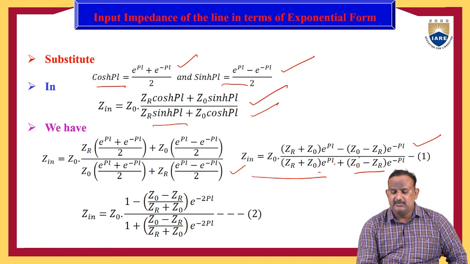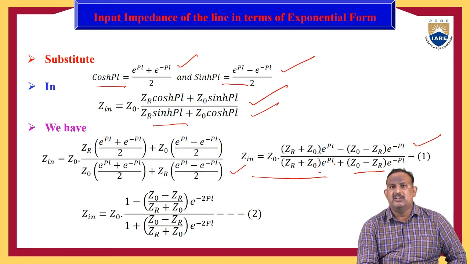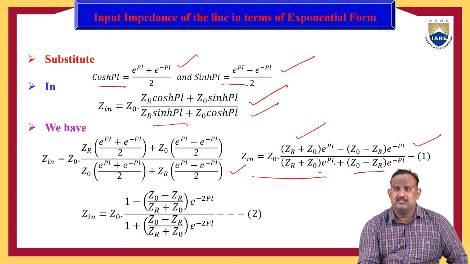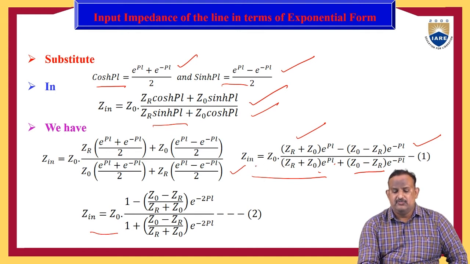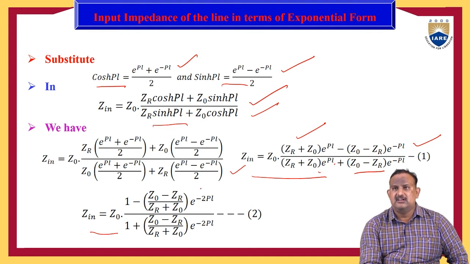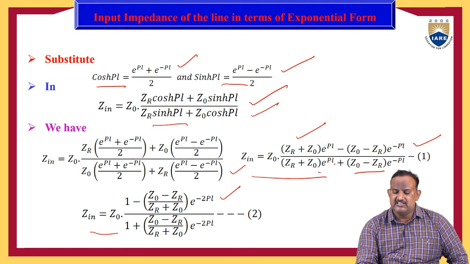So if you take Z0 minus ZR in both numerator and denominator, and ZR plus Z0 in both numerator and denominator, then we have Zn equal to Z0 into, here it is 1 minus (Z0 minus ZR) by (ZR plus Z0) into e power minus 2PL. Already minus e power minus PL is there.